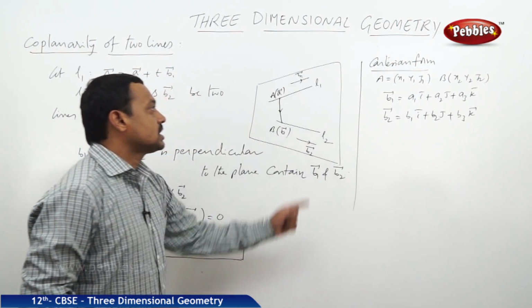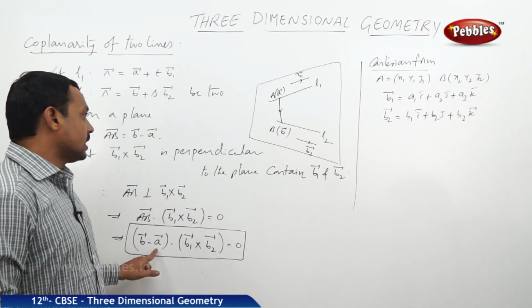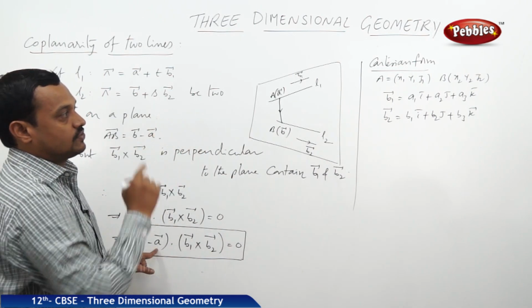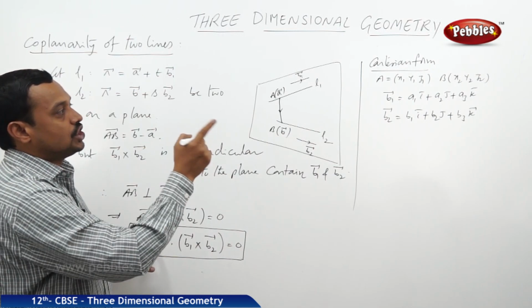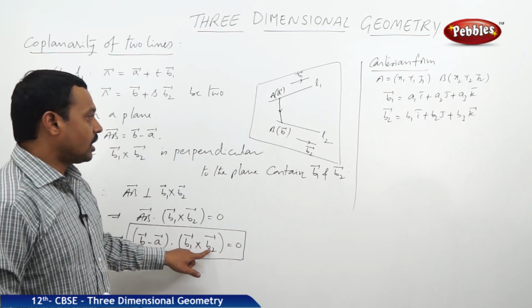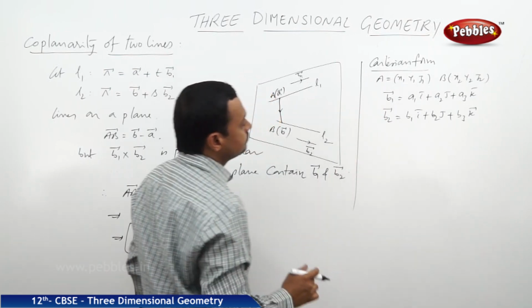And now substitute all those quantities here. B minus a, that is x2 minus x1 i plus y2 minus y1 j plus z2 minus z1 k dot b1 cross b2. Find the cross product of these two vectors.